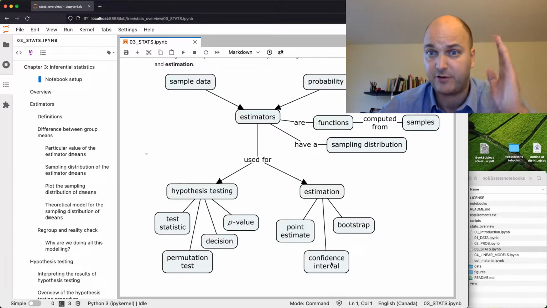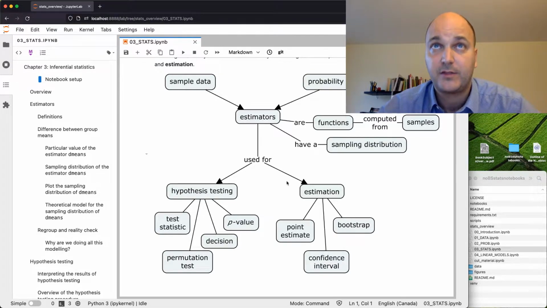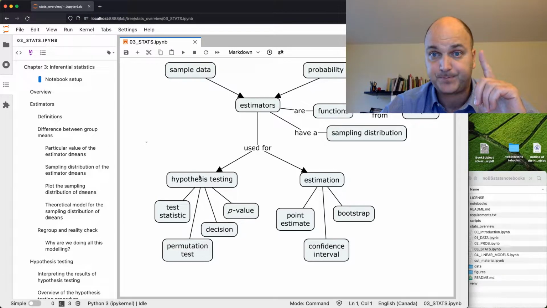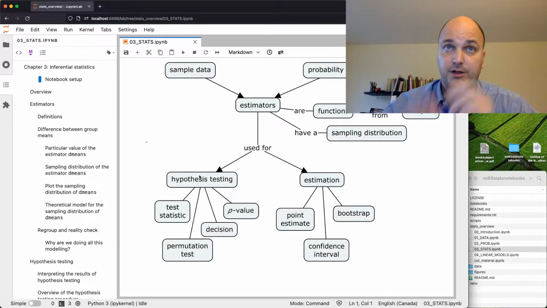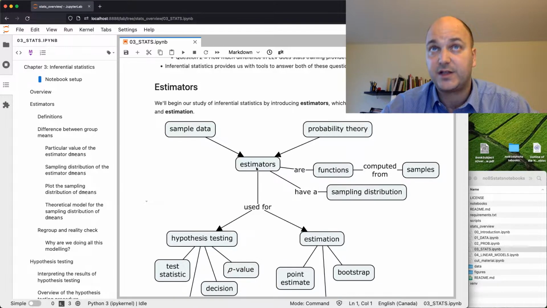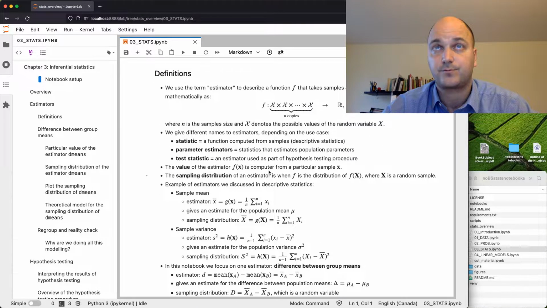So we'll have guarantees, like I predict this, but it can be between here and here. And in hypothesis testing, similarly, we'll estimate a parameter, but also include the errors around it, which will allow us to make decisions. We'll see all of that, but let's start with the math of estimators.